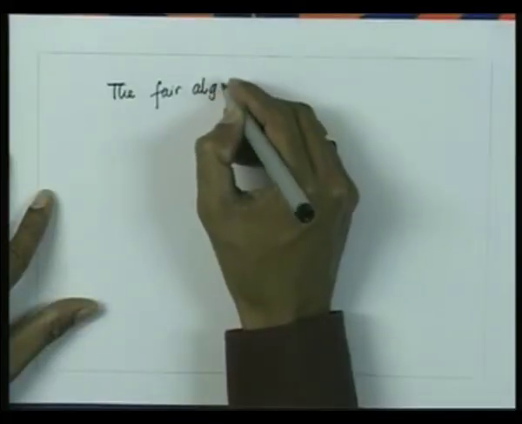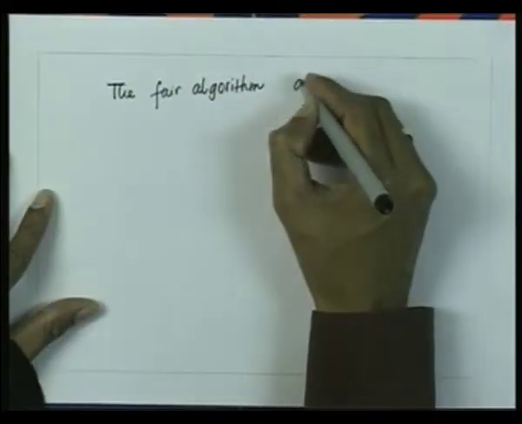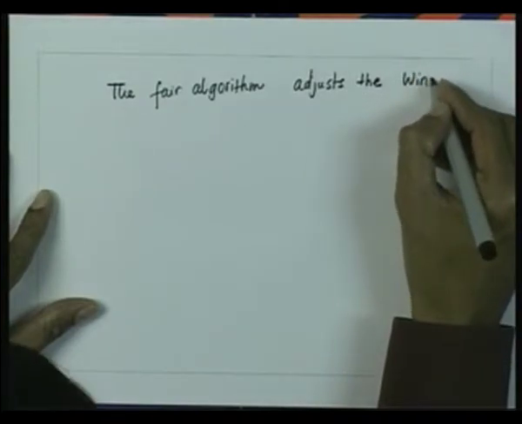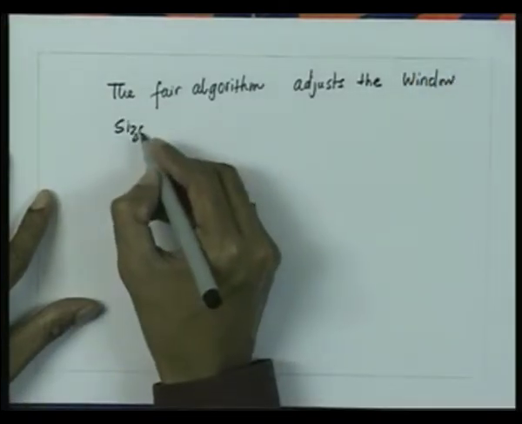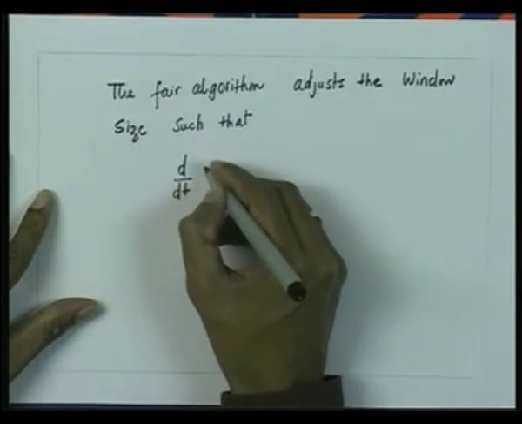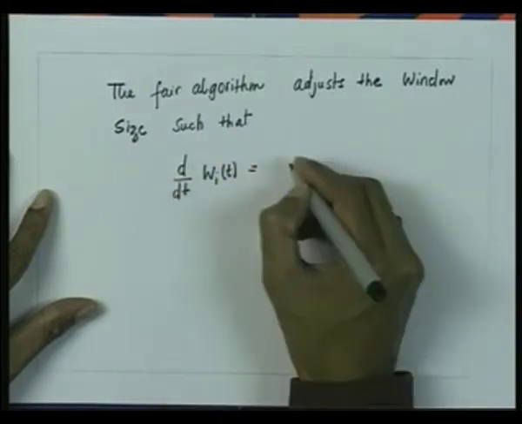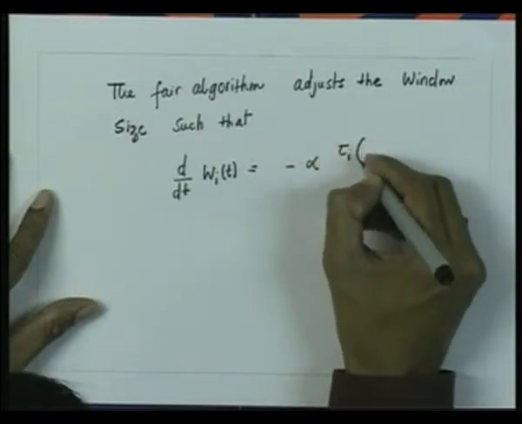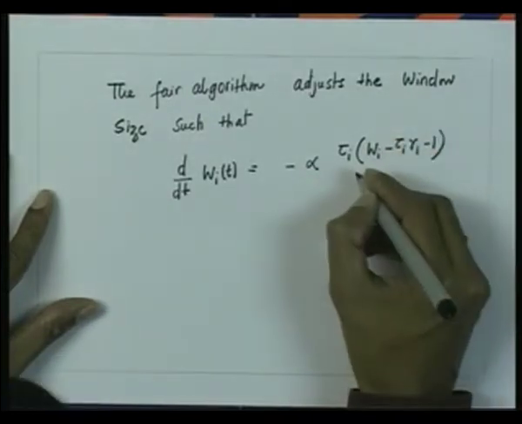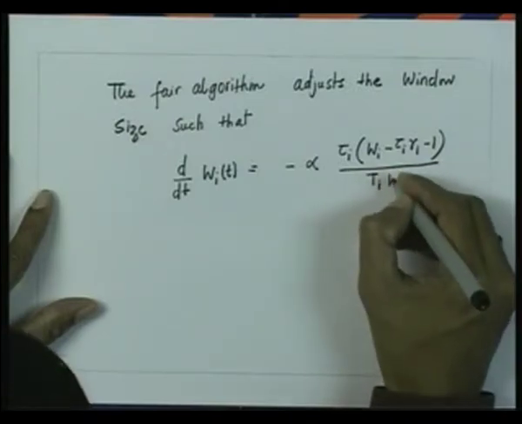For proportionally fair algorithms, it can be shown that this fair algorithm adjusts the window size in such a manner that dWi/dt is equal to some alpha times (tau_i Wi minus tau_i Ri minus 1 upon Ti into Wi).